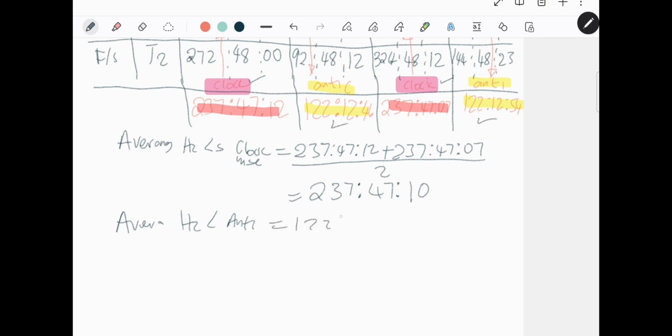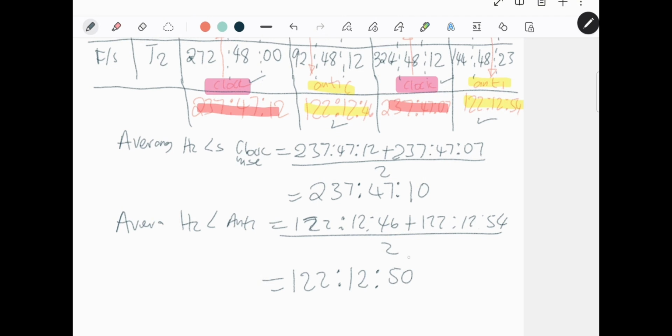So 122, 12, 46 plus 122, 12, 54 divided by 2. So from here we have 122, 12, 50. So that's our anti-clockwise angle.